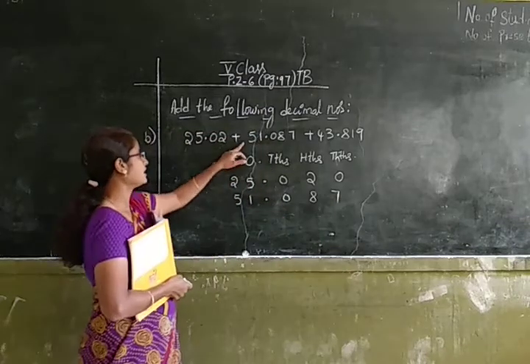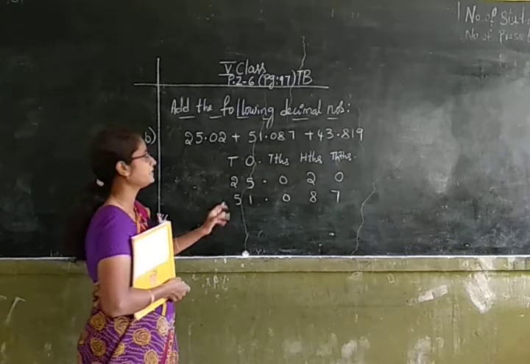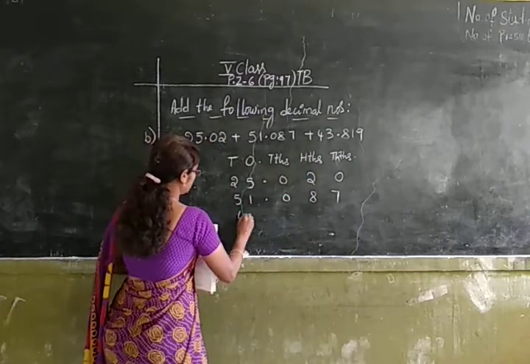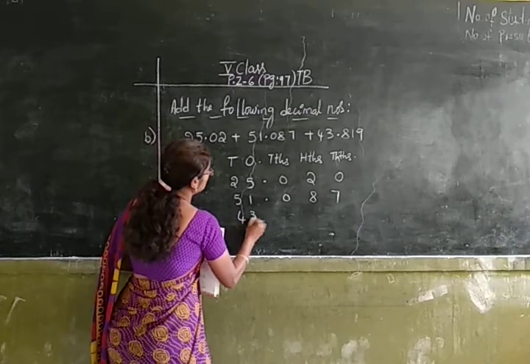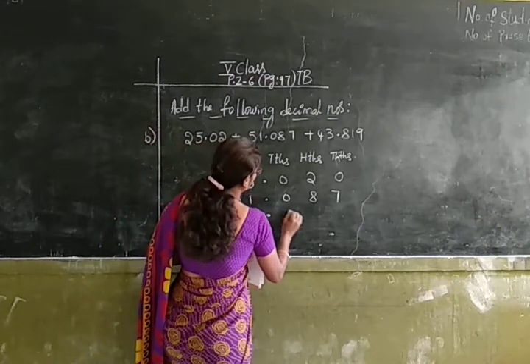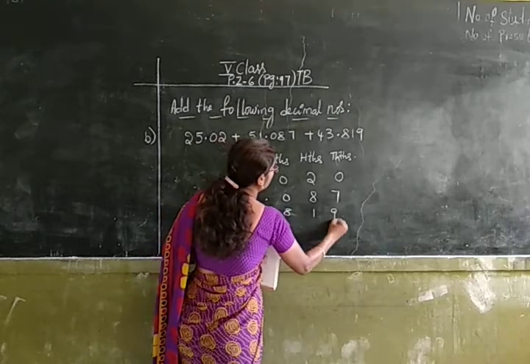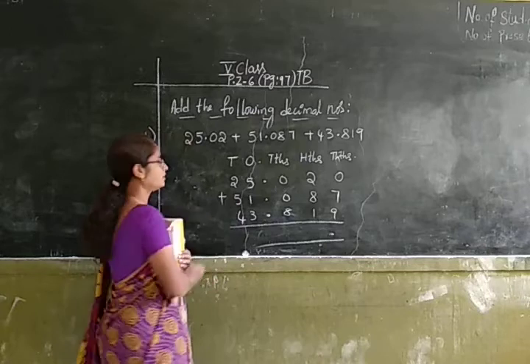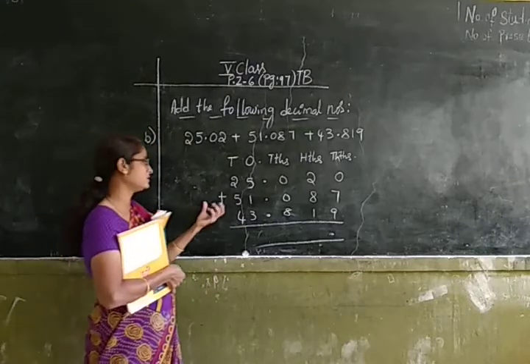This number starts from the tens place, so I have written it from the tens place. The last number also starts from the tens place, so let us write it as 43.819. After arranging the numbers in columns, put the symbol for addition, which is plus.